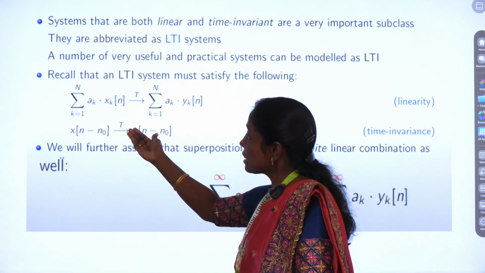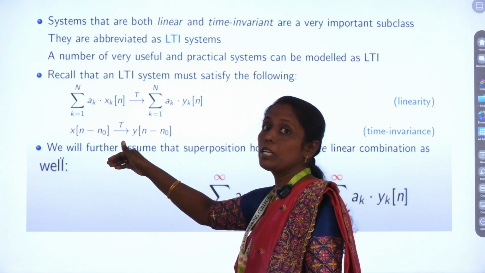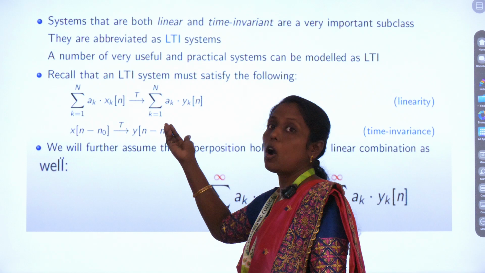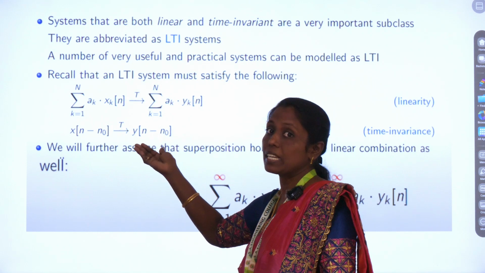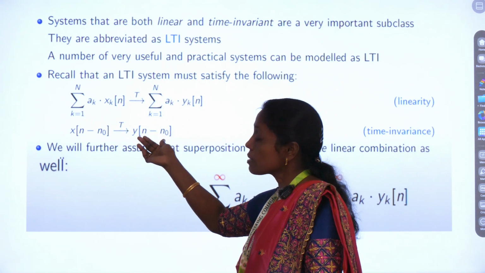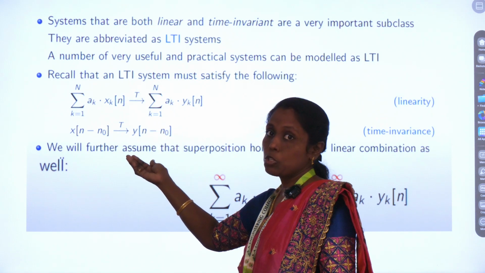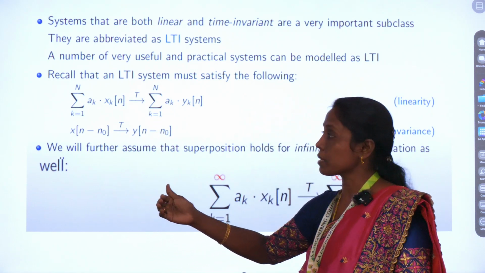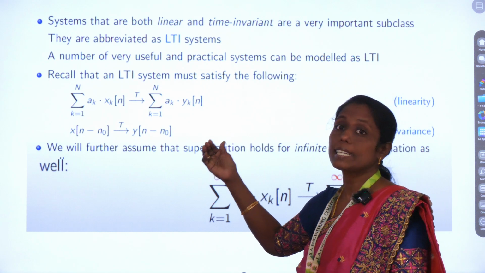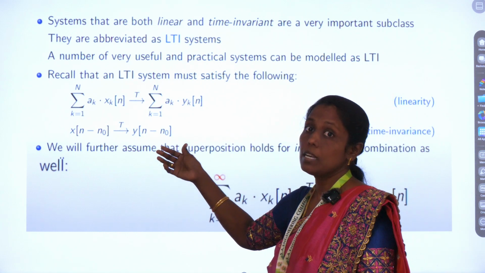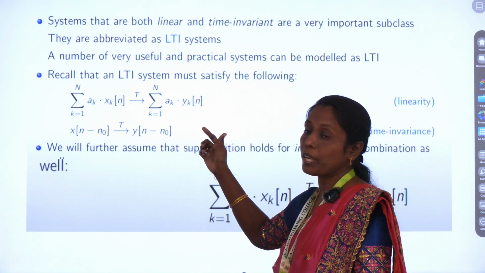So the delay that is applied to the input is also seen on the output side. So we can say the system is time invariant. Any system which obeys linearity and time invariance is called a linear time invariant system.